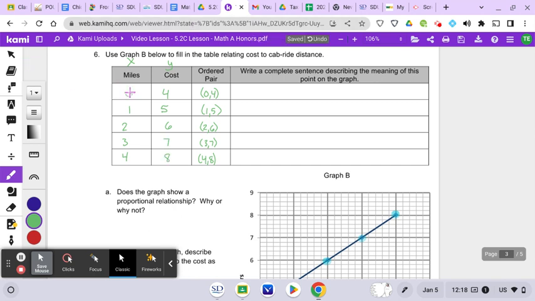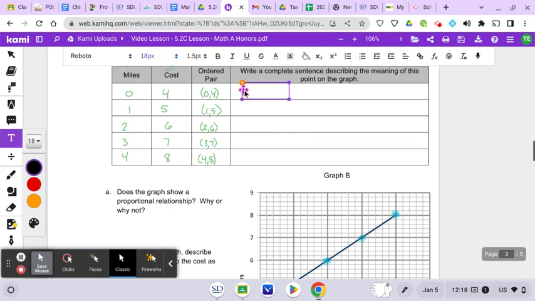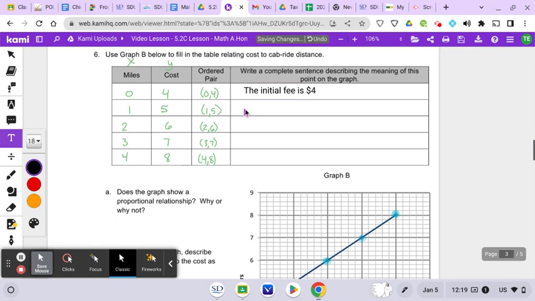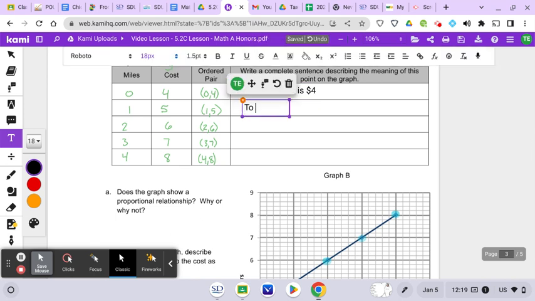Okay, so this one, to go 0 miles, it costs $4. So the initial fee is $4. And then it starts giving me some prices. To go 1 mile, it costs $5. Now I'm going to repeat myself with just changing some little details, so I'm going to copy and paste and then just adjust things.